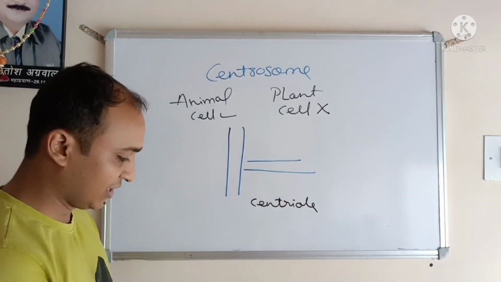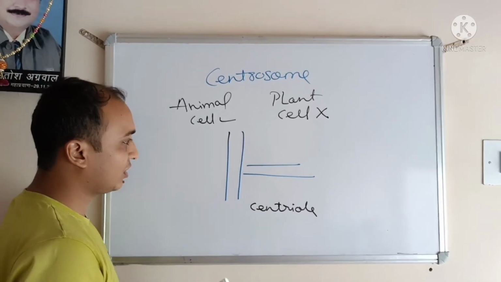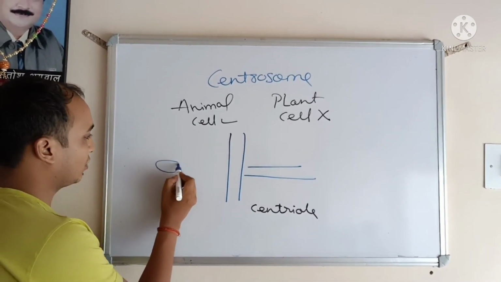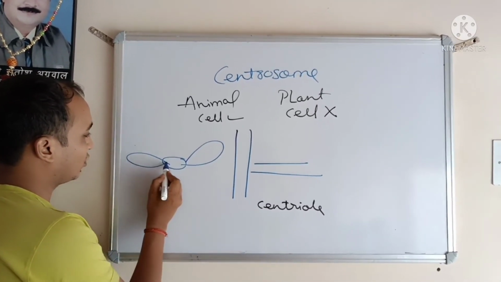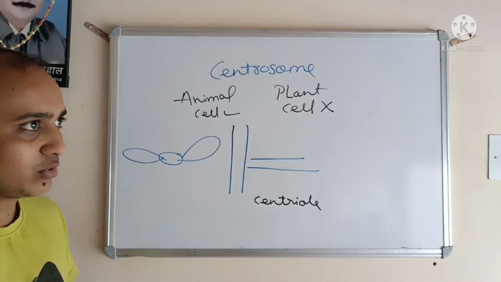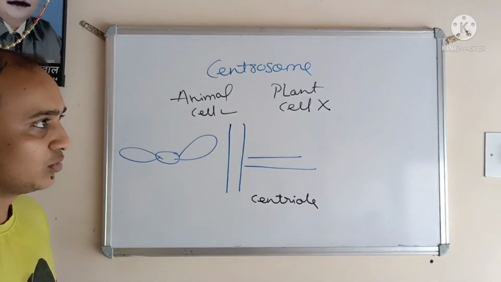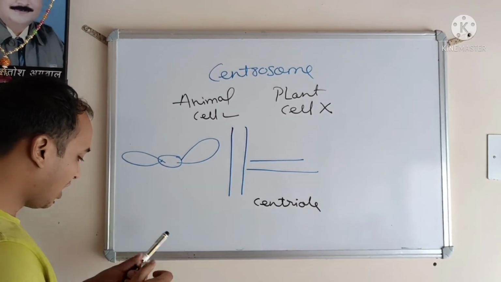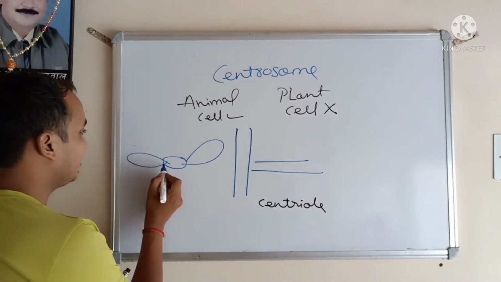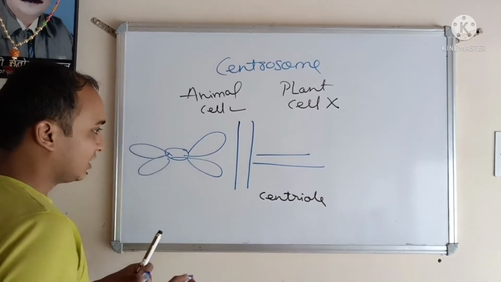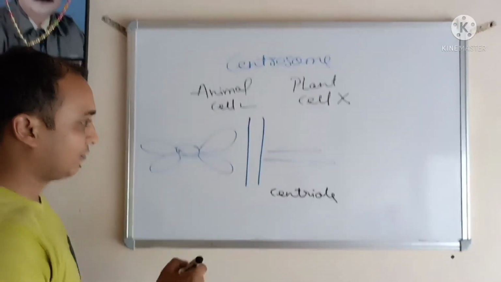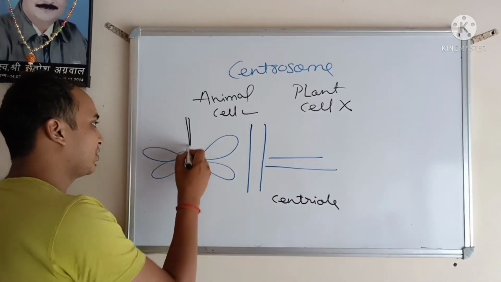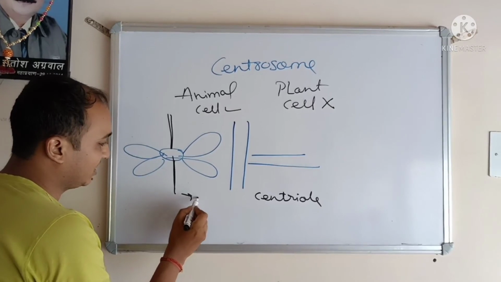What is the function of centriole? We have a chromosome, and the chromosome wants to divide. So how does a chromosome divide? What happens is that the centriole forms spindle. This is spindle.